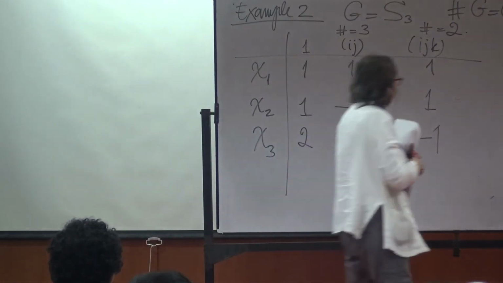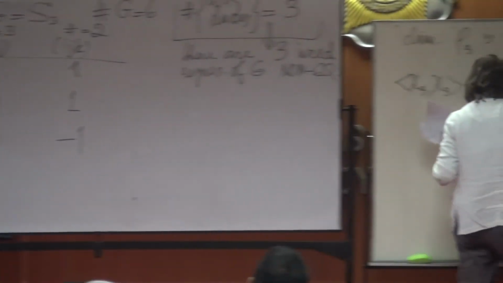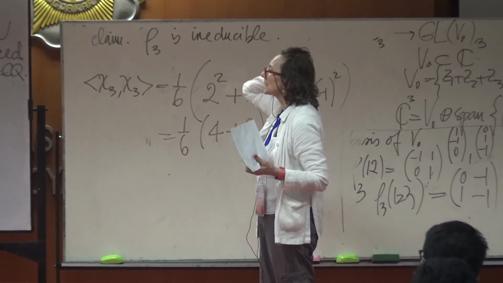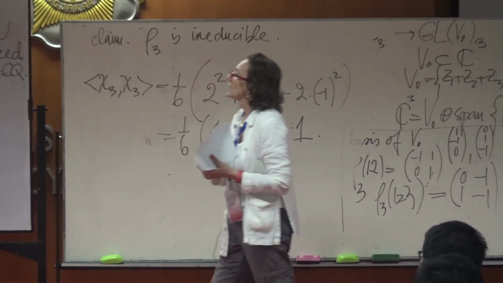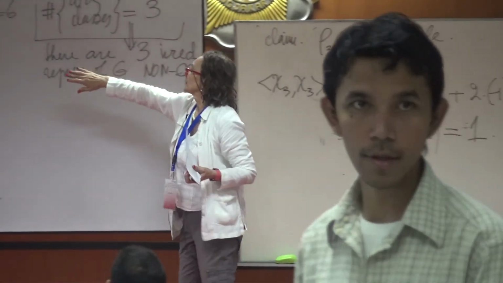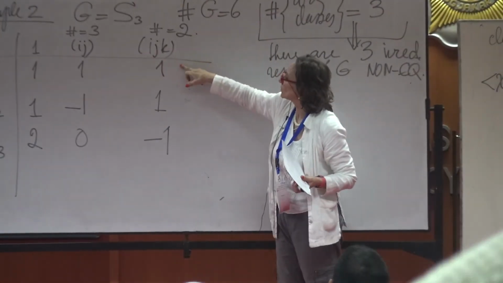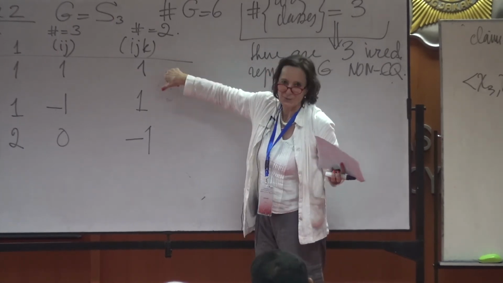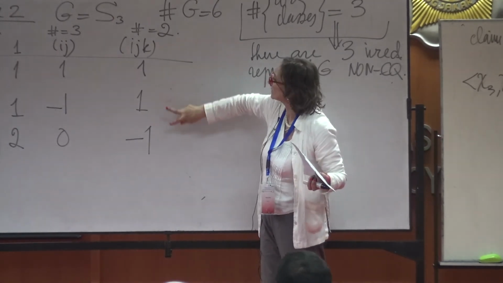But if for curiosity we want to compute, it's clear that the norm square of chi1 is equal to the norm square of chi2, and it is equal to 1.